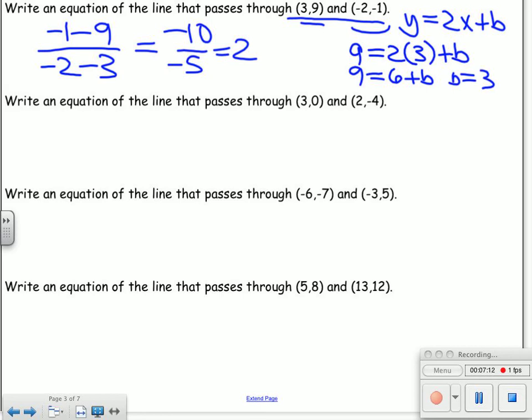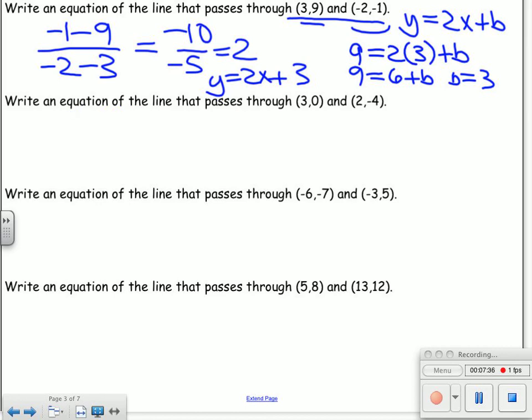So it's going to be 9 is equal to 6 plus b. You can probably do that in your head. Just subtract 6 from both sides, so b is equal to 3. And then we've got our equation: y is equal to 2x plus 3. There we go. Quickly, this next one here, same idea.